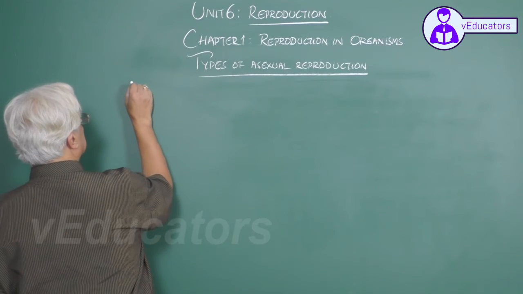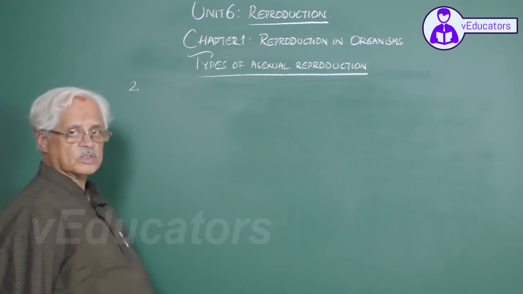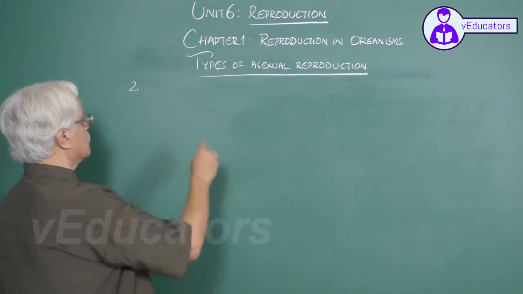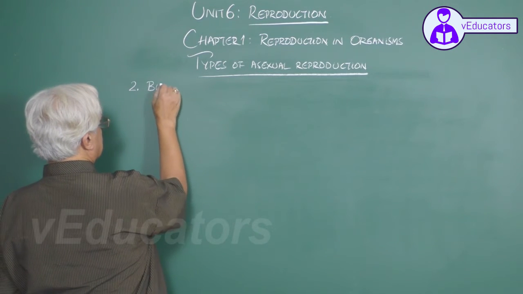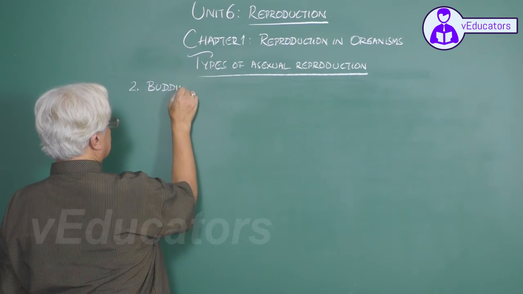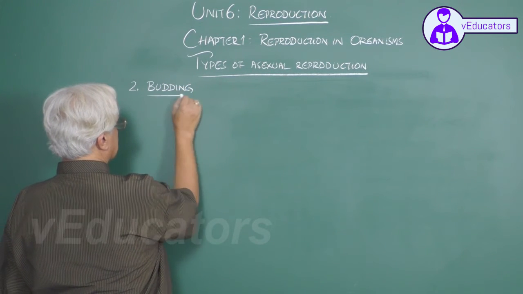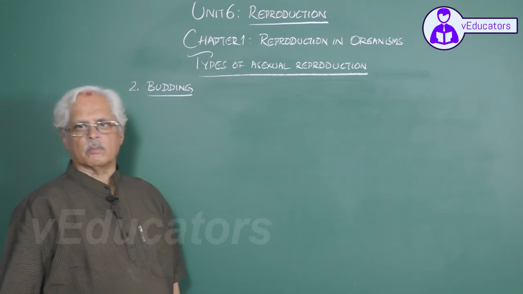Another type of asexual reproduction is called budding.